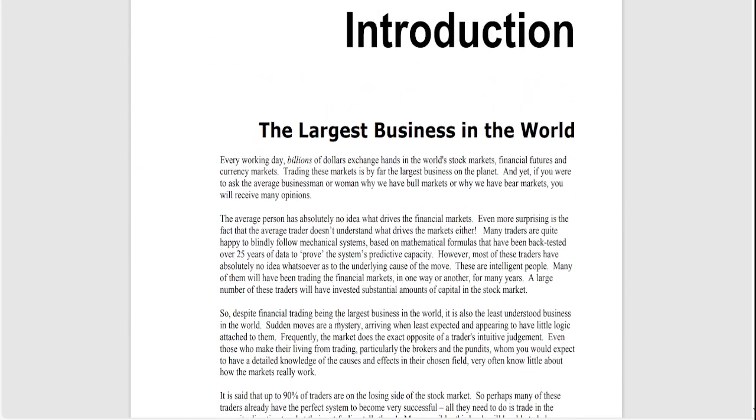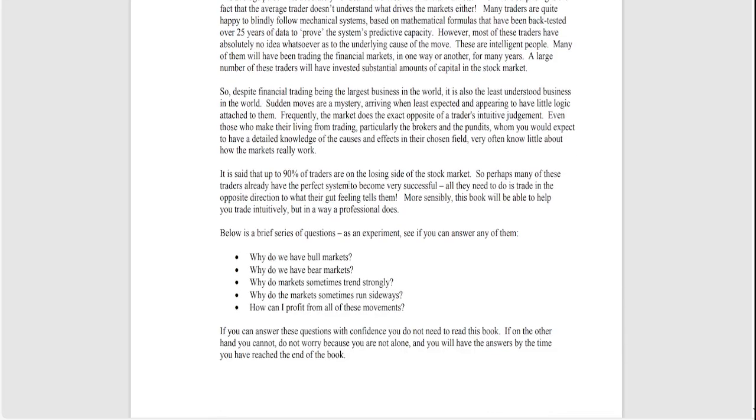Now, introduction. Trading the financial market is the world's largest business, but the least understood business. There are many intelligent people, but most people fail in trading the financial markets. Almost 90% of traders are on the losing side of the stock market or forex market.